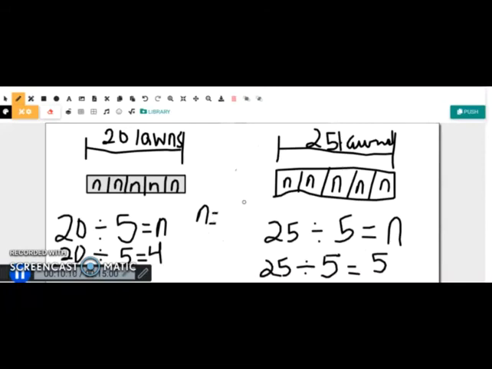So if I were to put that into my tape diagram up here, I would write 5 plus 5 plus 5 plus 5 plus 5, and it's not going to equal the same as the first equation because our total number changed, which means that we're also going to have a change in the quotient when we divide.